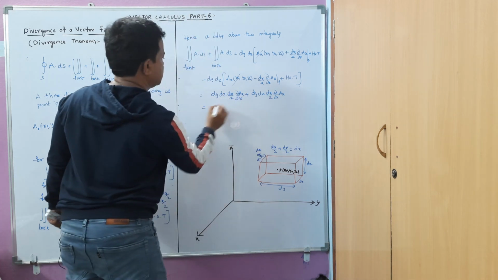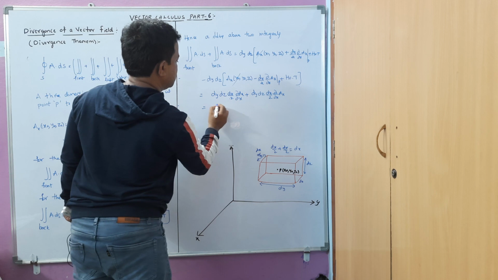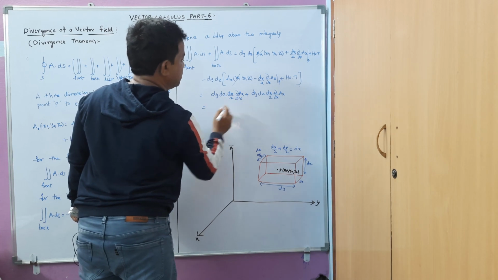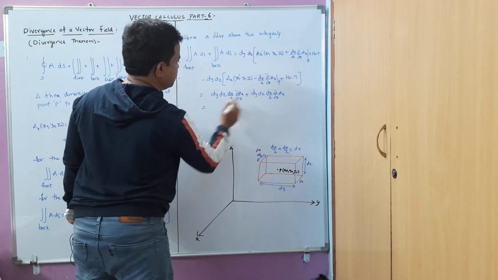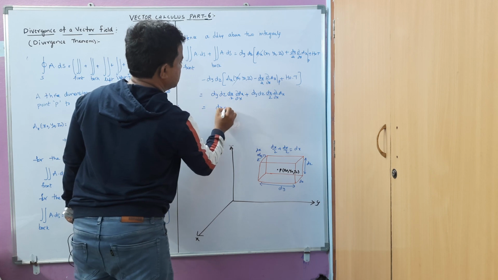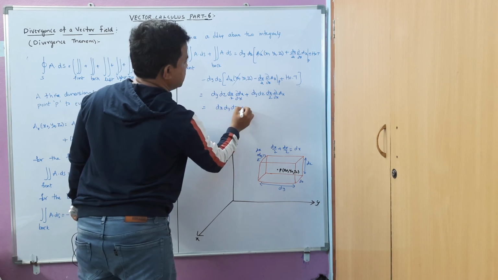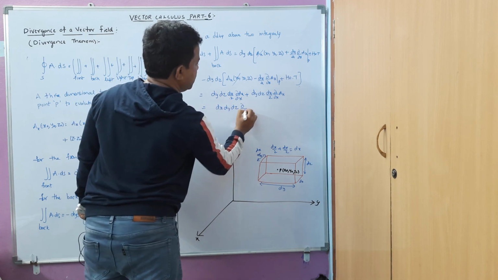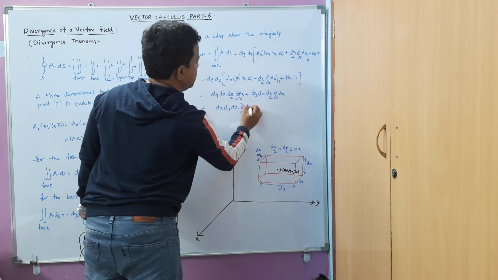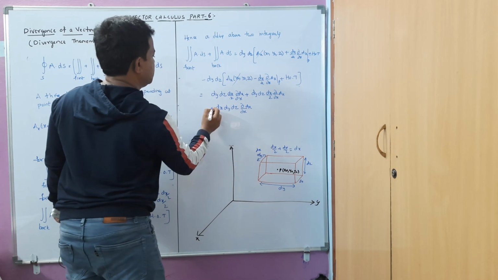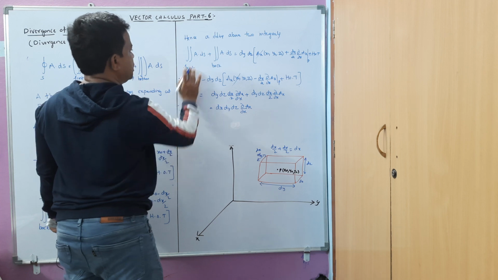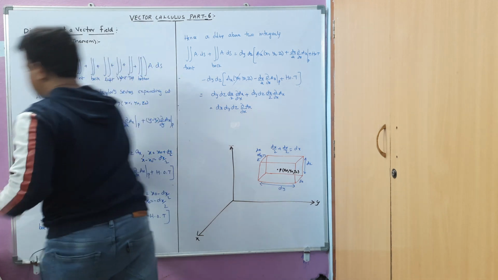So the one half and one half become 1, that is dx dy dz times dou by dou x of Ax. So this is the front and back, that is, we have got this integral as this one.